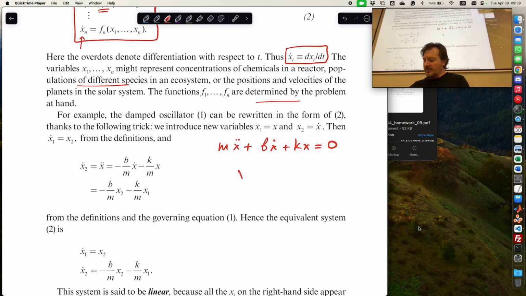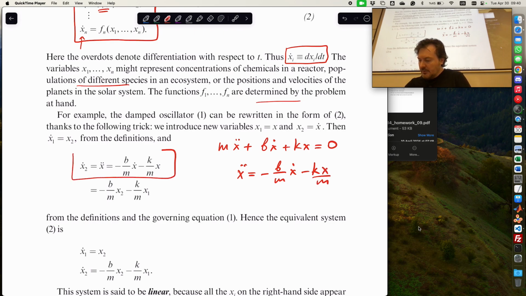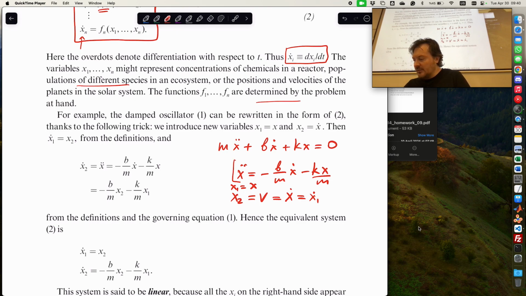So you can write x double dot to be minus b over m x dot, minus kx over m, right? Now what you do is you define x2 to be velocity, which is x dot, and you define x1 to be x, which means that this is x1 dot. So in the end, you don't need second derivatives, right? You just have these two equations.